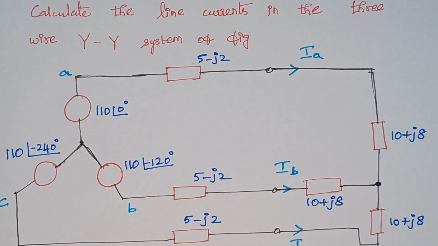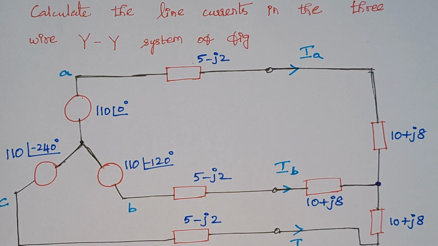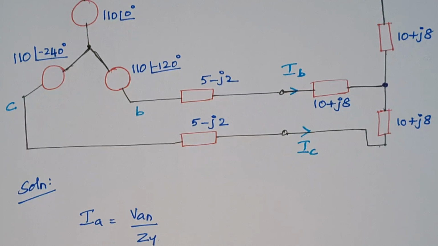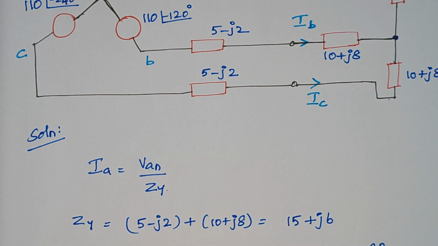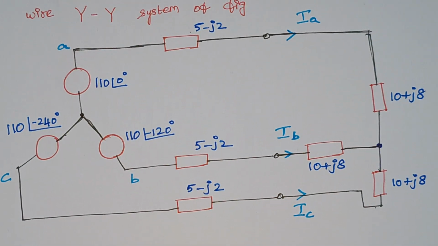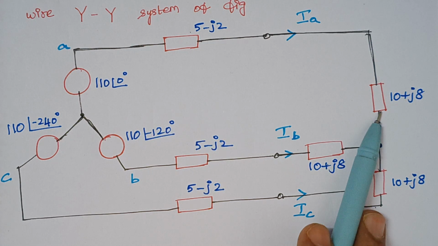So to find the value of IA, IA is given by VAN by ZY. What do you mean by ZY? ZY is nothing but the impedance value. When you look at the circuit diagram, you see this impedance and this impedance are connected in series.